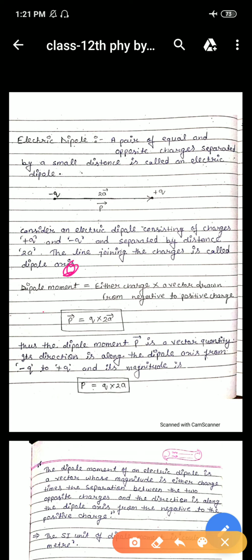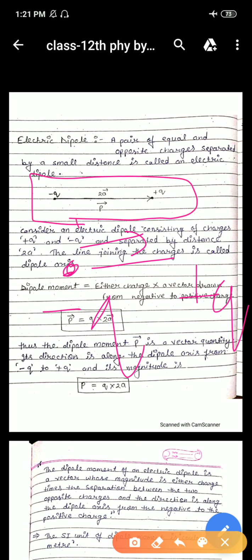This one is minus q, this one is plus q, so the direction of the dipole is from negative to positive. See in this figure, p is the dipole, and the direction of p is from minus q to plus q.